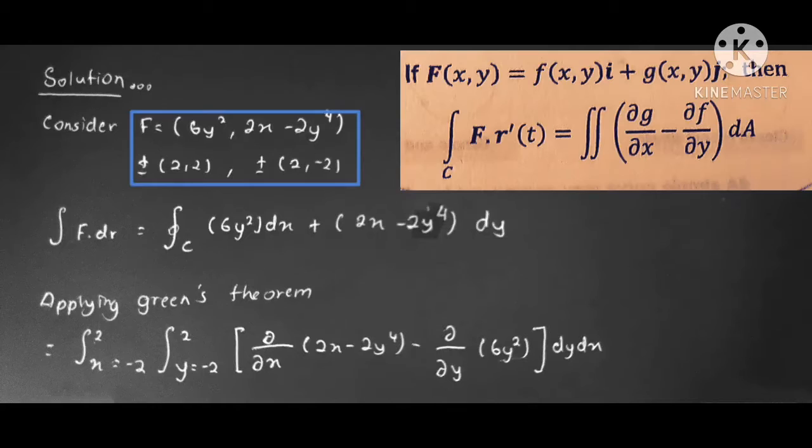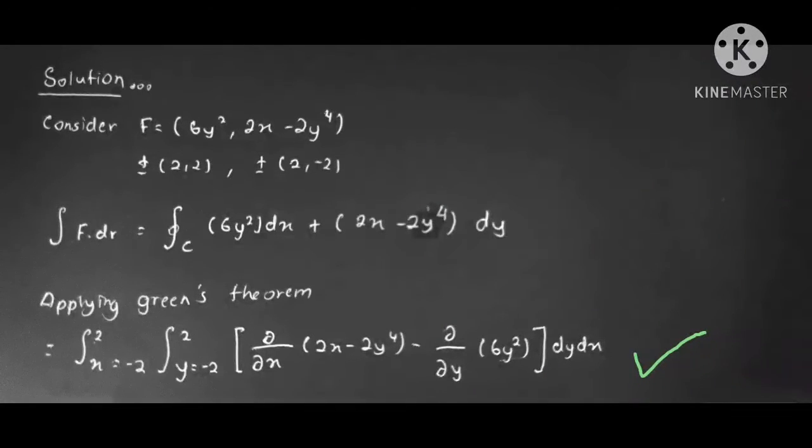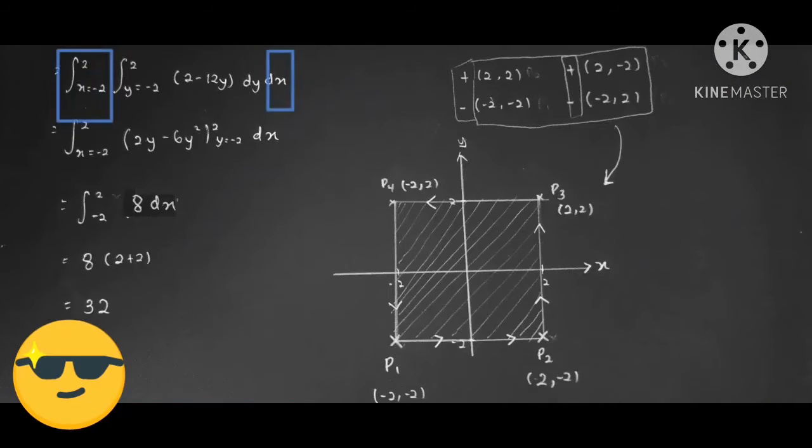For the solution, we can use the Green's theorem formula at the upper right corner, apply it to the question, and obtain this solution. For the calculation, we have the integration of dx by this, and the integration of y by this.